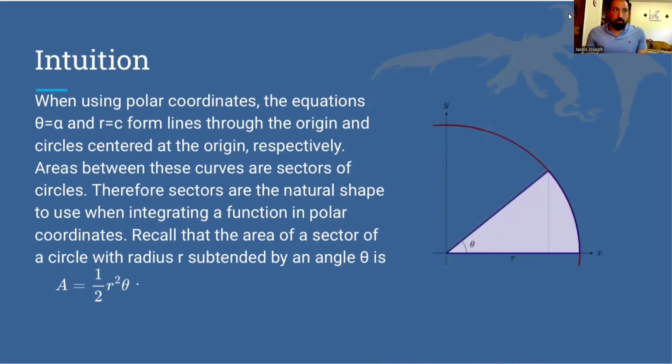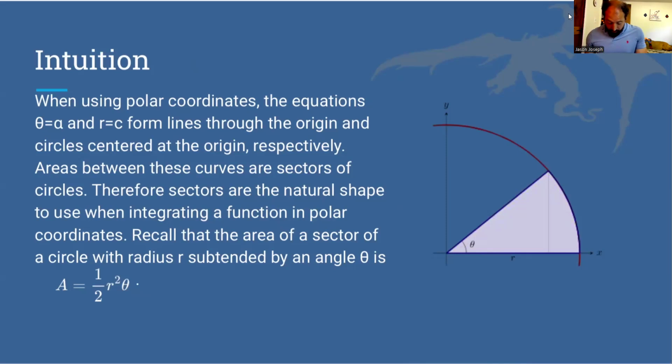So the shape that is cut out in between two angles and at a given radius is a sector of a circle, a little piece of pizza or pie. So think back, what is the area of a shape like that? It's 1/2 r squared theta.